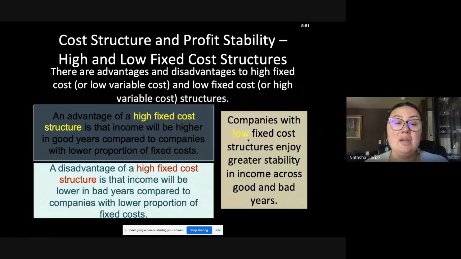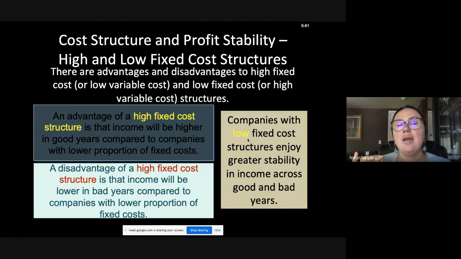So the advantage of a high fixed cost structure is that income will be higher in the good years, because once you cover your costs, every dollar you make goes up. Because think about it, once you cover that $80,000, everything goes towards your bottom line.